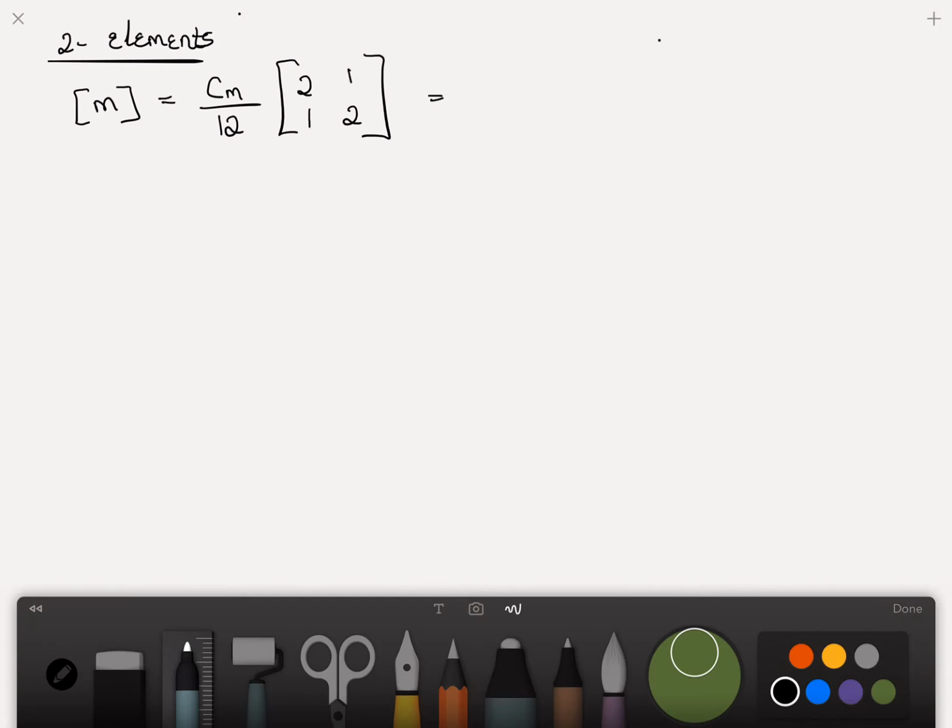Well, we'll leave it in that form for now. All right, and then the K matrix is just Ck times 2 times 1, -1, -1 and 1. Okay. So again, I'm going to ignore the Cm part, and I'm going to ignore the Ck part for reasons we discussed previously.